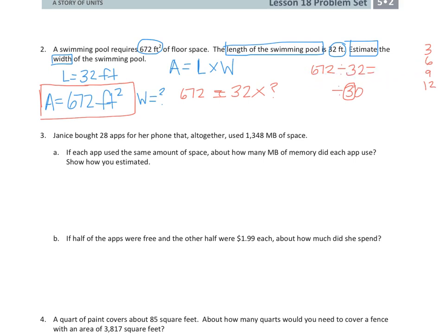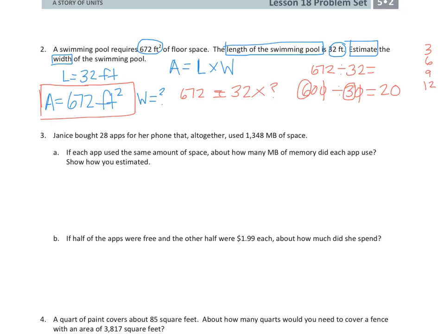It's closer to 6. And so it's going to be closer to 600 for this problem. And then we're going to circle the 3. And then we're going to say, well, 6 divided by 3 is 2. Cross off your 0 on the divisor, cross off 1 0 on the dividend. So it looks like the estimated answer, or the width, is going to be about 20 feet.